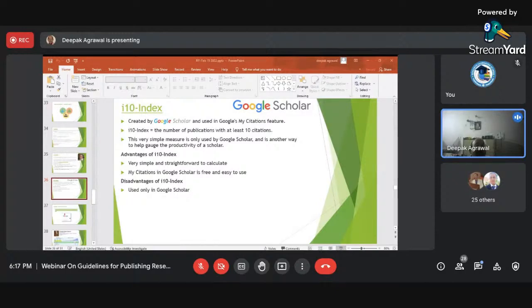It counts the number of publications with at least 10 citations, so it includes only papers with 10 citations or more. It is very simple and straightforward to calculate as compared to the G index and H index, and it is easily and freely accessible. The only limitation is that the I10 index is accessed and maintained by Google Scholar only.